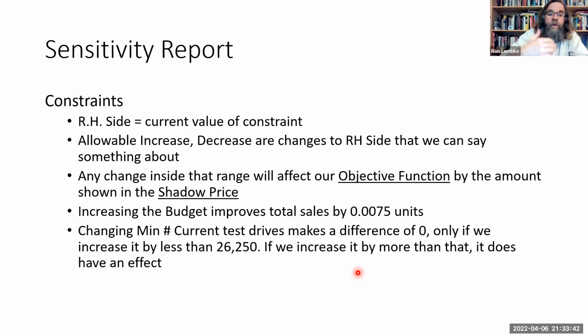And like we just saw, increasing the budget, every dollar we add would increase the number of cars sold by 0.0075, which again doesn't seem like very much, but if you multiply that by 1,000, we go 1, 2, 3. So $1,000 more of advertising, we'd sell 7 more cars. I don't know how much money we would make off 7 more cars, more than $1,000?